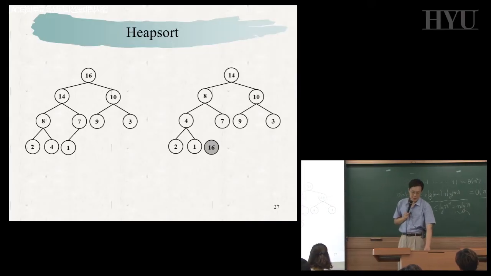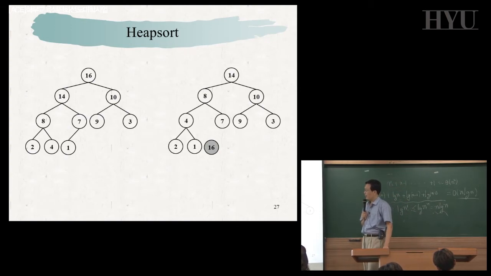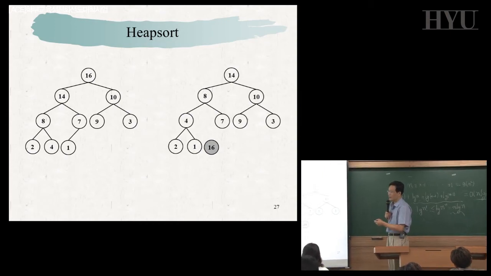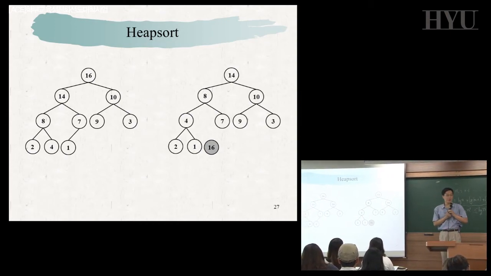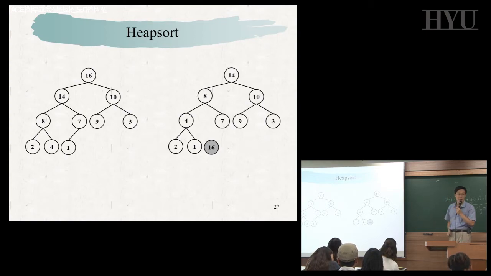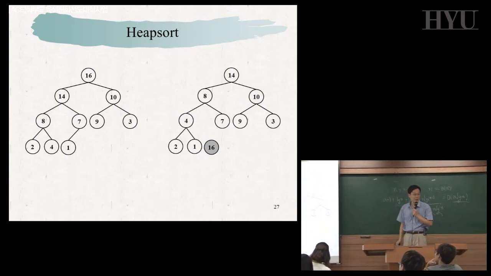Okay, and I will explain it again using an example. This is a heap. First, we extract 16, and then 1 is moved to the root, and it traverses down along this path. So we get a new heap like this, and 16 is extracted. And then 14 is extracted.